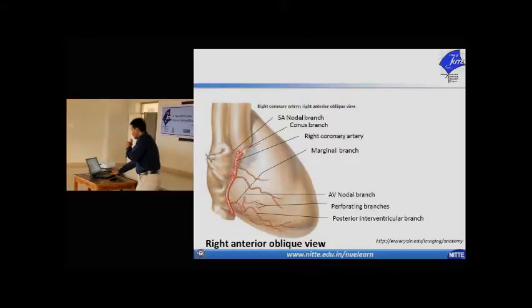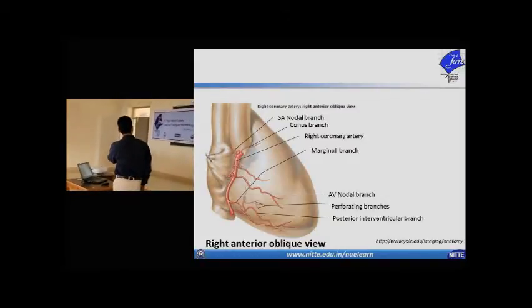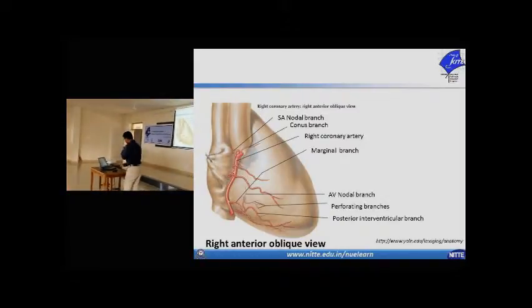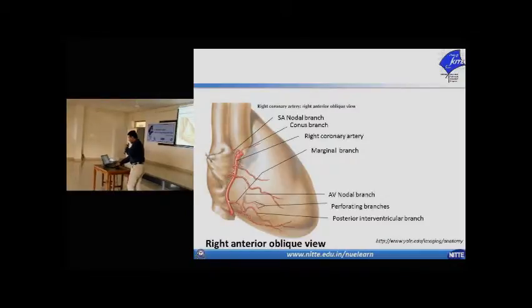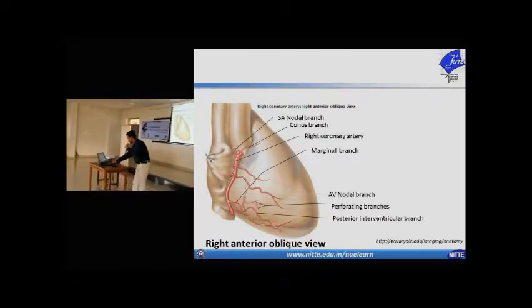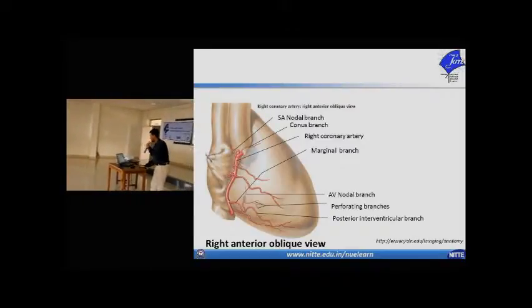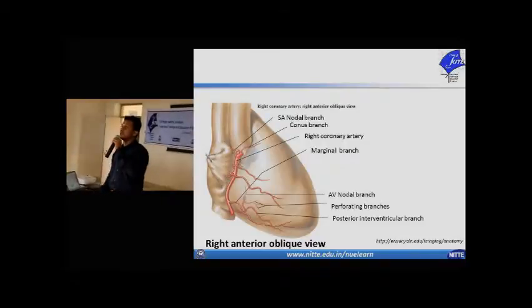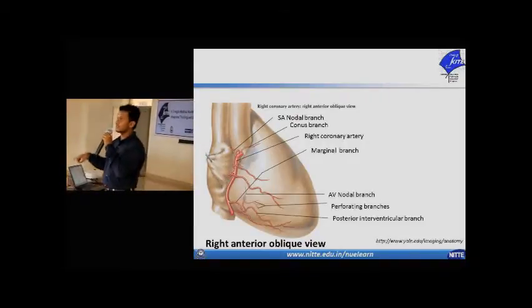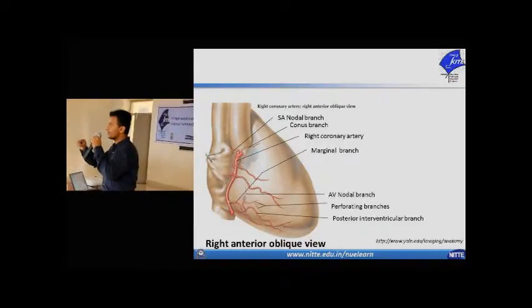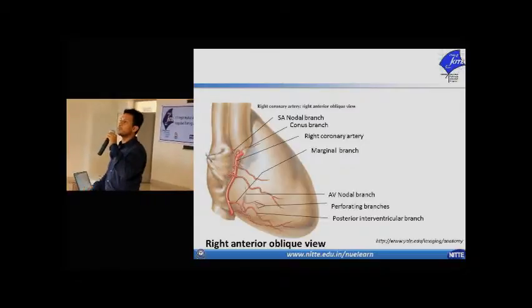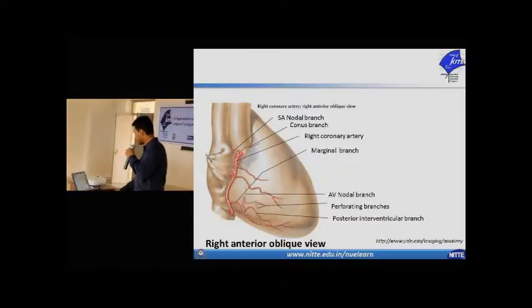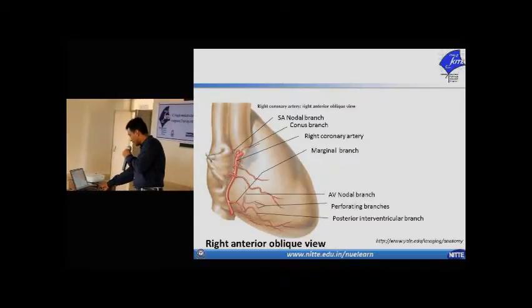So next is the conus artery, conus branch, that is supplying the pulmonary trunk, and then comes the marginal branch, which is the biggest branch, the ventricular rami. Then comes the AV nodal branch, you can see in the posterior part. When it is present in the posterior atrioventricular sulcus, there is a sudden kink from which there is a branching which supplies the AV node.